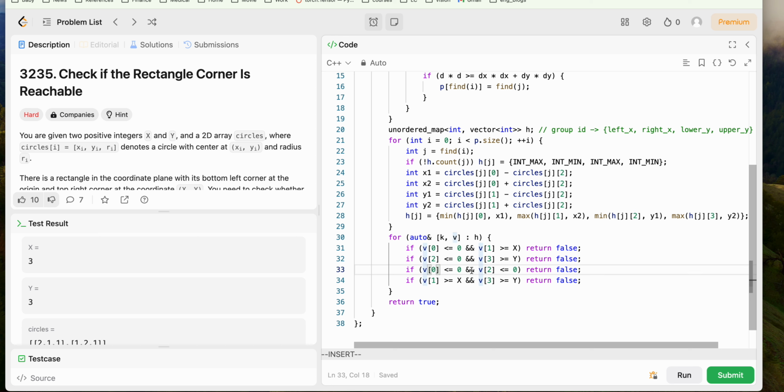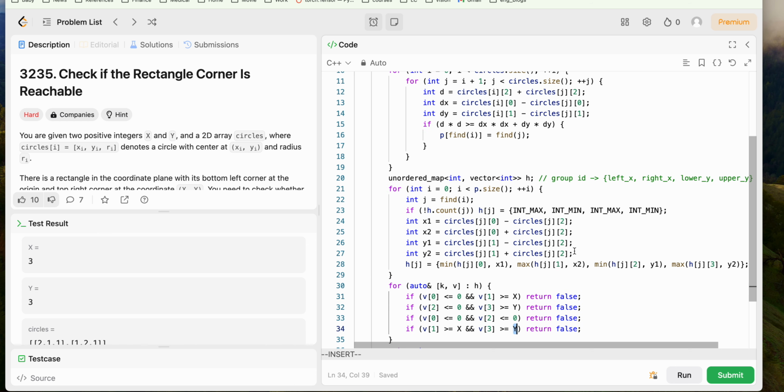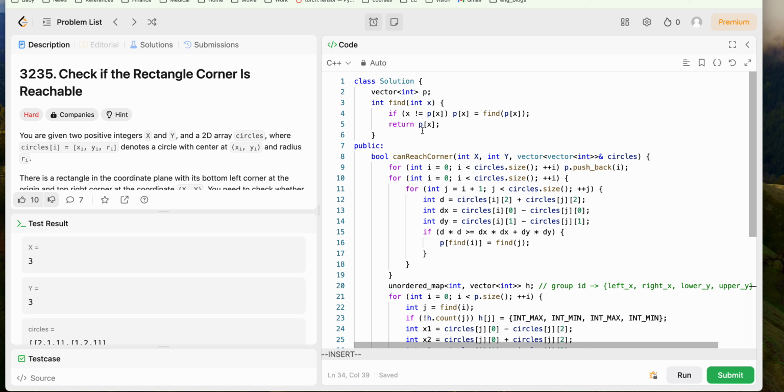Then 0, x and y are less than 0. This sounds good to me. And how about this? This is greater than x and greater than y. This should be correct. Let's see what's happening. Let's read the code again maybe.